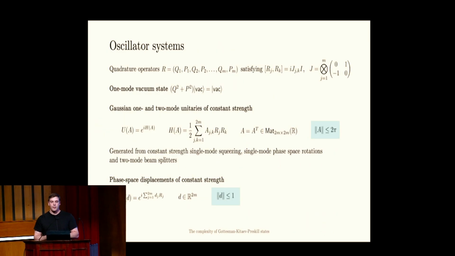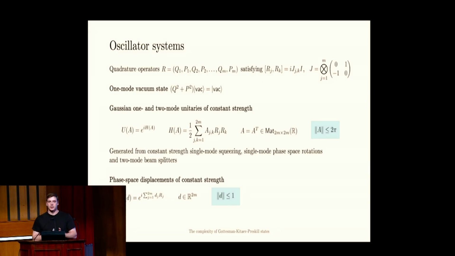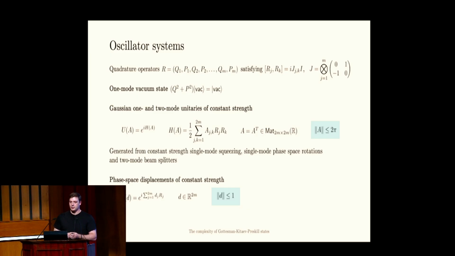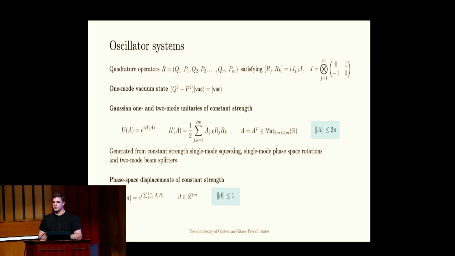Let me say a few more words about these operations, starting with the oscillator system. As you know, they're characterized by the quadrature operators, the position and the momentum on each mode, satisfying the canonical commutation relations. One operation that we need is the preparation of the vacuum state, being the unique ground state of the harmonic oscillator. Then we also want to allow Gaussian 1 and 2 mode unitaries of constant strength.